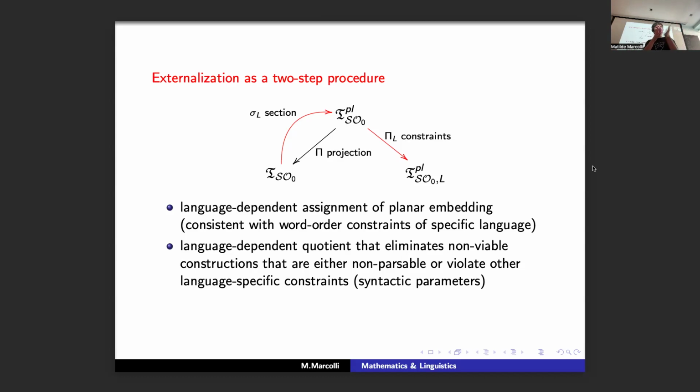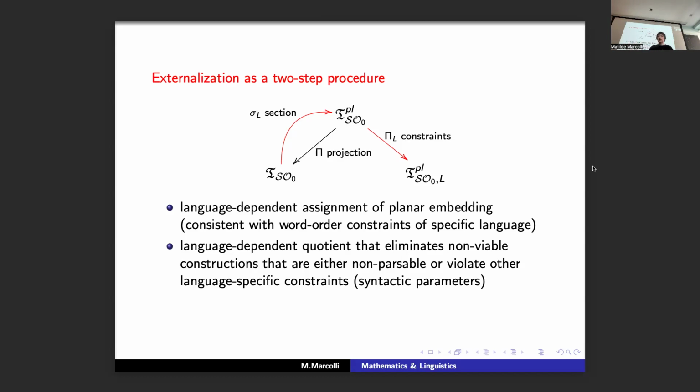So you will also have to eliminate. We have already eliminated structures that are ill-formed in general because they're not parsable, they don't have a head and so on. But now there are also structures that in principle are fine from that perspective, but that you don't want to use because they do not satisfy some constraints on how the sentence is structured in one particular language.